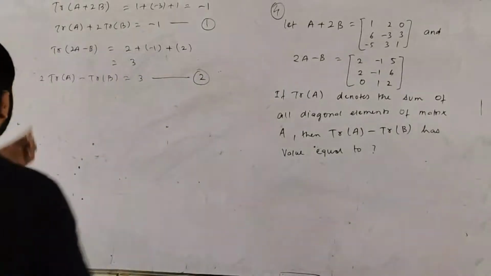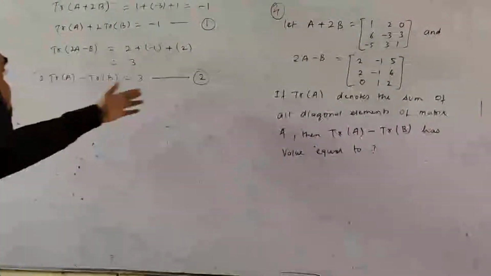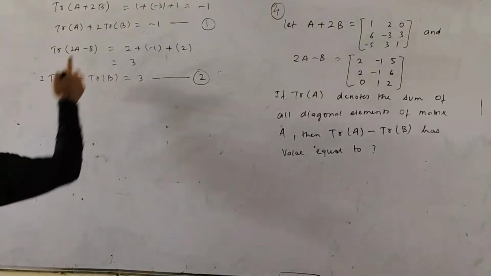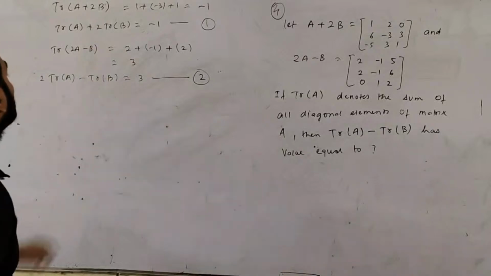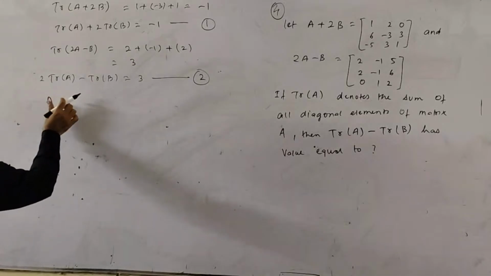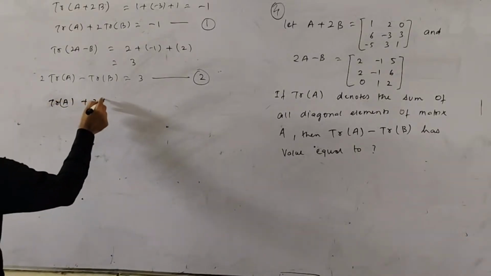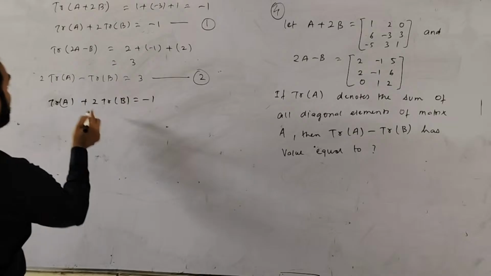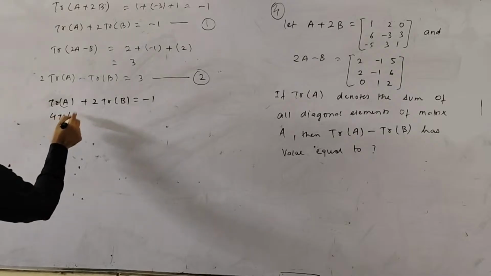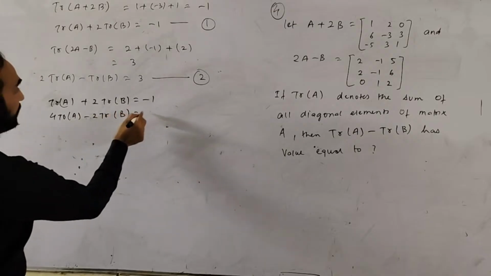How to solve the first and second equation? Either you multiply the equation first by 2, or better multiply the equation second by 2. It will become easy, right? So if I multiply the equation 2 by 2, it will become here what? 2 times trace of B. So I am writing here trace of A plus 2 times trace of B is equal to minus 1, and when I multiply this by 2, it will become what? 4 trace of A plus, this will be minus 2 trace of B is equal to how much? 6.